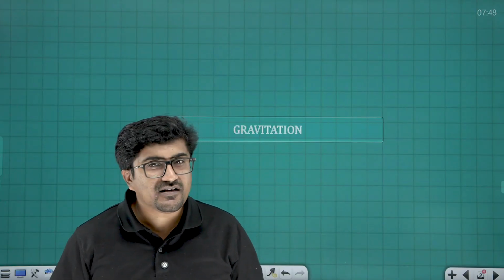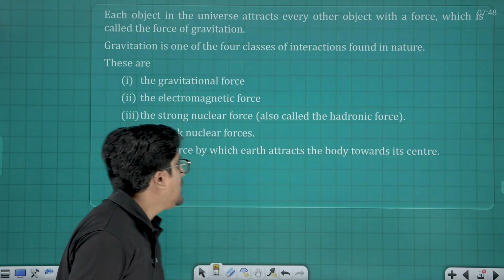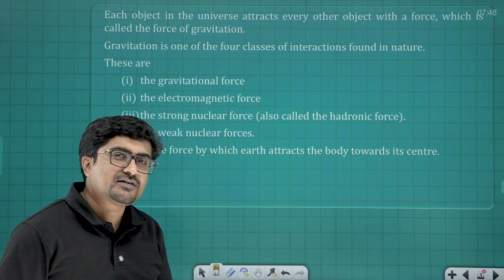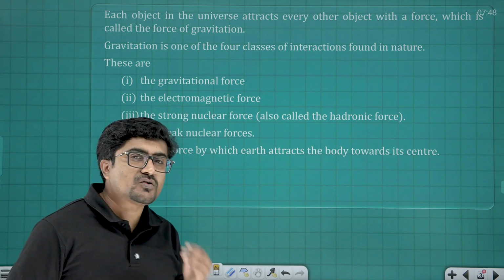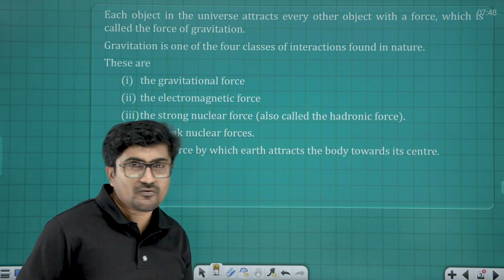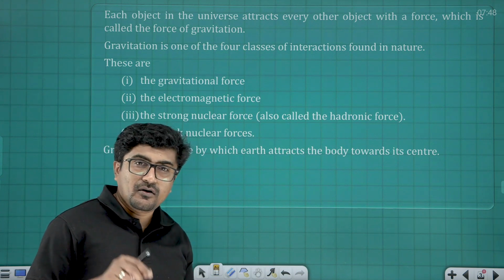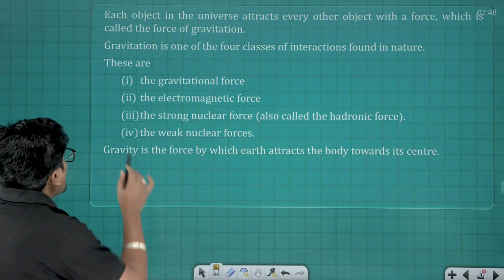Our next chapter is gravitation. So here we are going to just give a small introduction to gravitational force first. Gravitational force is one among the 4 fundamental forces. You might have studied in the very first chapter of grade 11. So there are 4 fundamental forces.